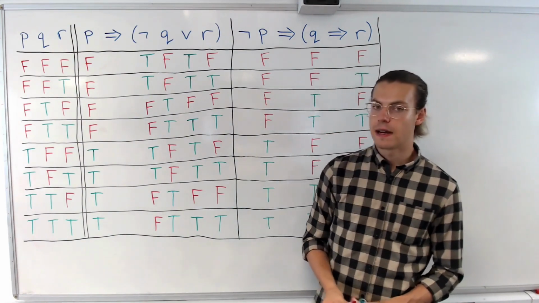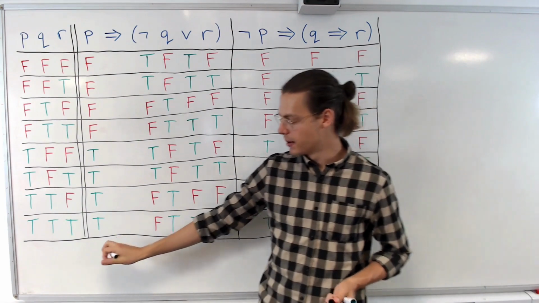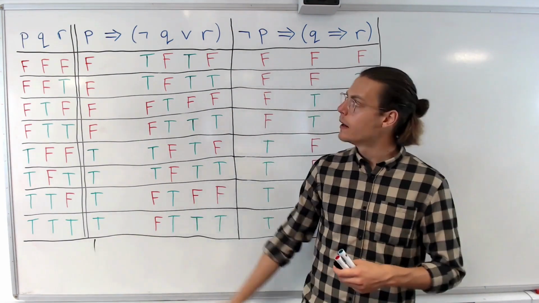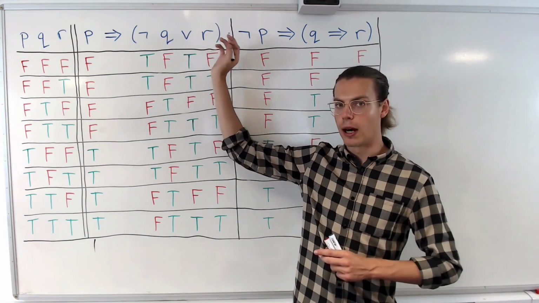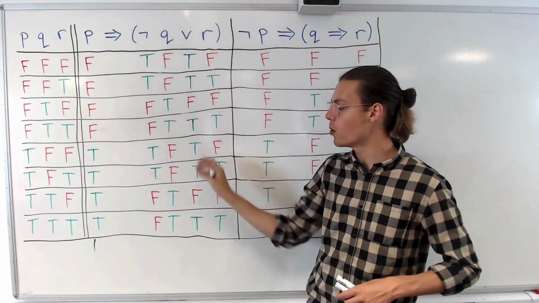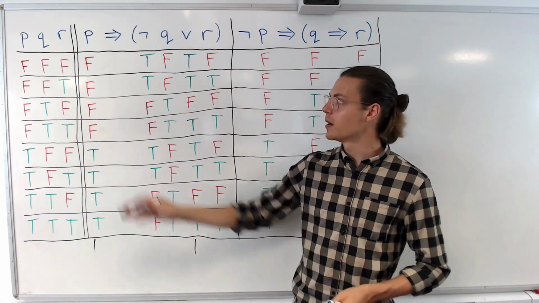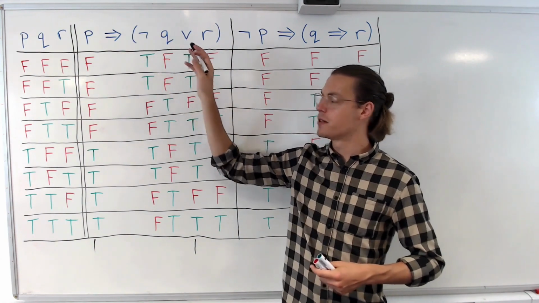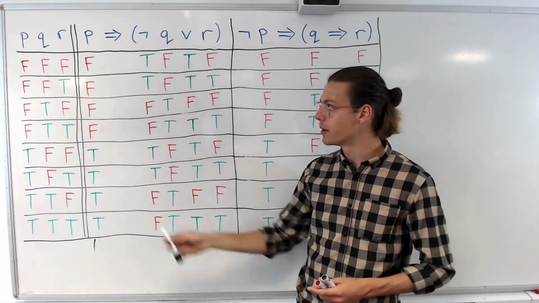Finally, we can evaluate this implies operator. Now we're looking at p implies not q or r, and we need to look at the column we evaluated last, the OR column. So first up, false implies true. Well, false implies anything is true, so that's true.